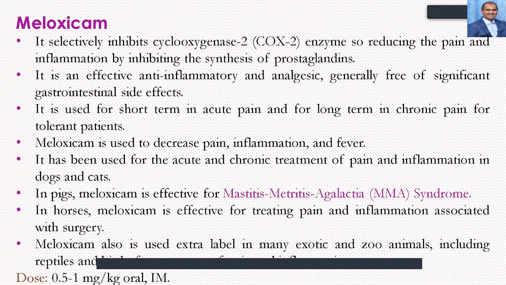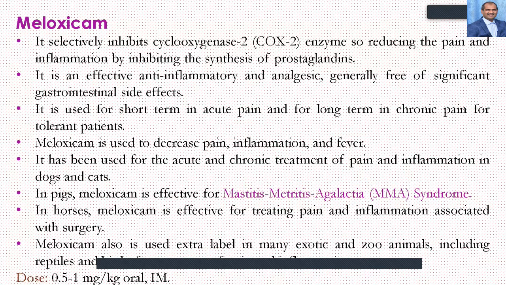Then meloxicam is one of the most important drugs, very commonly used in veterinary practice. It selectively inhibits the cyclooxygenase 2, that's the COX-2 enzyme. Please read this very carefully because meloxicam is one of the most commonly used NSAIDs in veterinary practice.